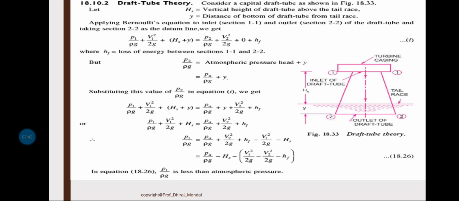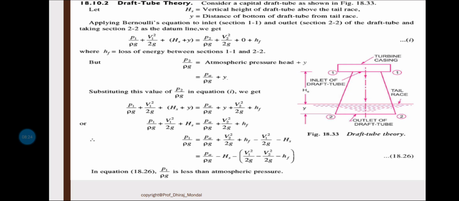You know that in your fluid mechanics course, ME 303 Fluid Mechanics, I have discussed this part. What is Bernoulli's equation, what are the assumptions of Bernoulli's equation? Pressure head is P by rho g, because P is equal to rho g h, so head is P by rho g.